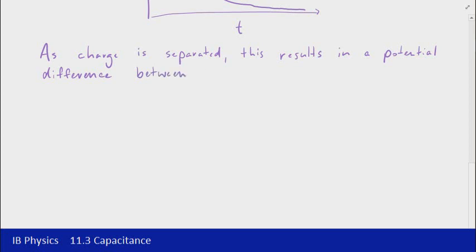And the size of that potential difference can get no larger than the EMF that's causing the separation of charge to begin with. So if we look back up at that graph, eventually equal to the EMF.